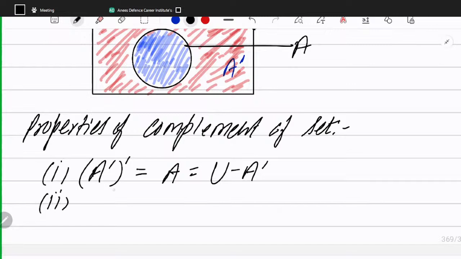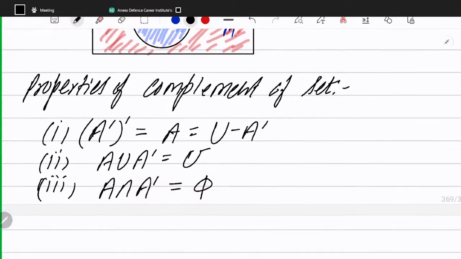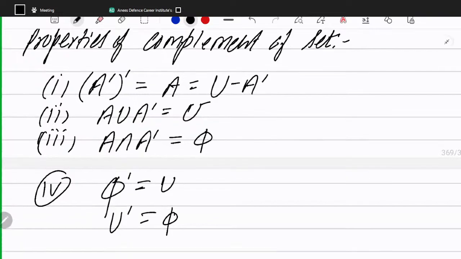Second one is A union A dash is equal to the universal set. Third one is A intersection A dash is equal to phi. Fourth, phi dash is U, U dash is equal to phi.